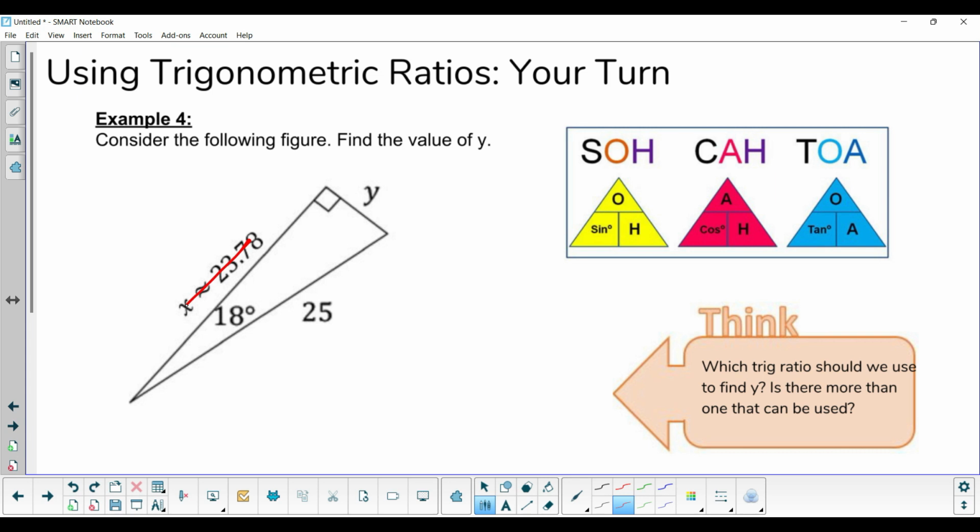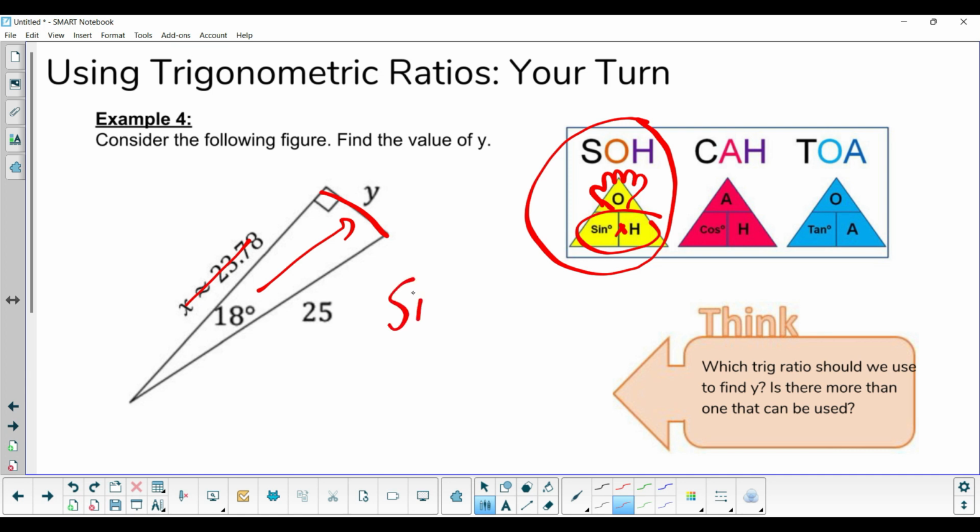So in this case, y is opposite to 18, so I'm going to use sine. So I'm looking for the opposite. I'm going to cover my O, and I have this left. That means that I'm going to multiply the sine of 18 multiplied by 25. Easy peasy, guys. You don't need a lot of steps.